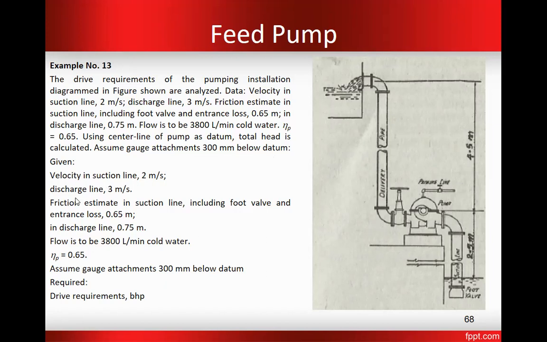So, given velocity in suction line 2 meters per second, discharge line 3 meters per second. Friction estimate in suction line including foot valve and friction loss is 0.65 meters. In discharge line, this is 0.75 meters. Flow is 3,800 liters per minute cold water. Pump efficiency is 0.65. Assume gauge attachment 300 mm below datum. Required: drive requirements, the BHP.